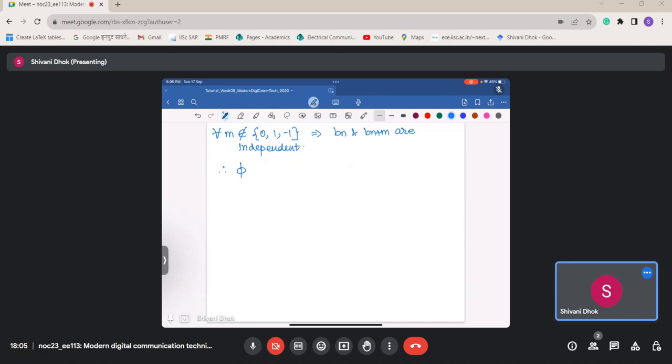Therefore, for these values, phi bb of m will be equal to expectation of bn, bn plus m, which will be equal to expectation of bn into expectation of bn plus m for all m which does not belong to 0, 1 and minus 1.